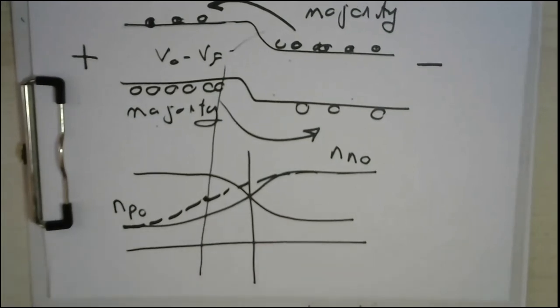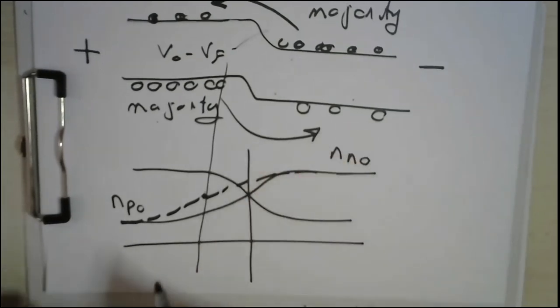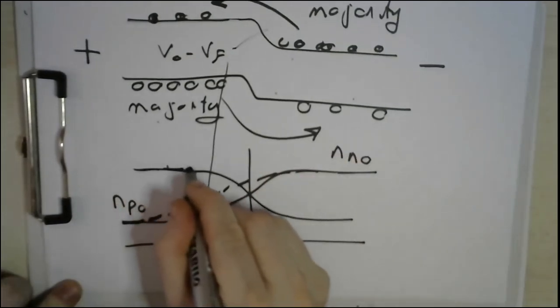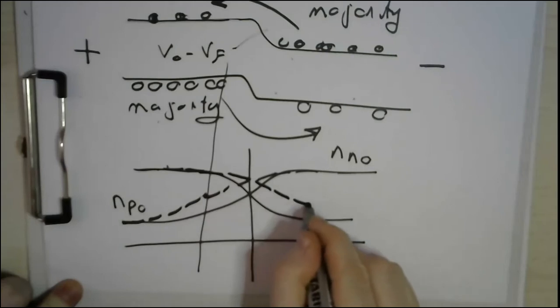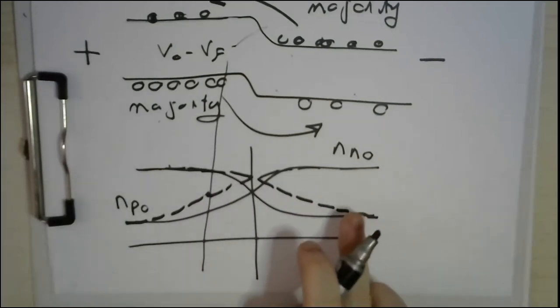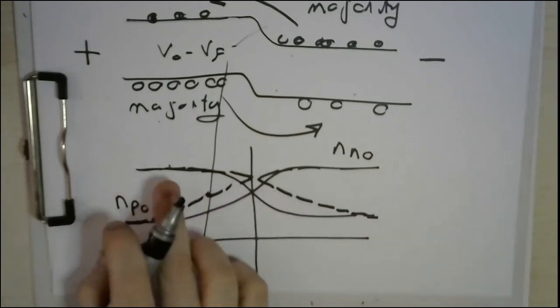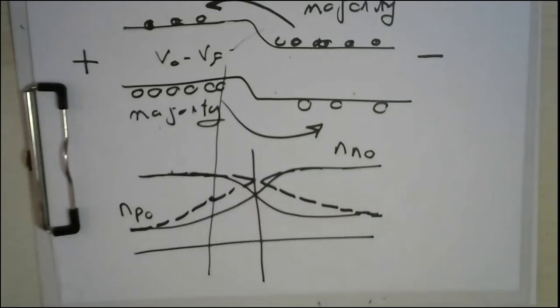Similarly, for the holes, this is a rich man with holes, and this is a poor man with holes. So your curve will look like this. So this is the variation in holes and in electrons whenever the voltage is applied.